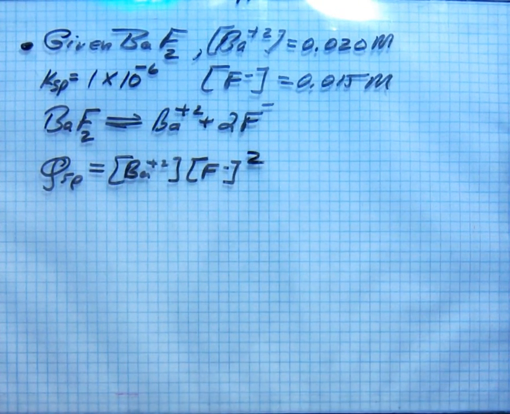And they give you the concentrations because what you're doing is mixing a couple of things together. If the Q value is larger than the KSP value, we're going to get a precipitate. If not, it means it's not saturated yet.